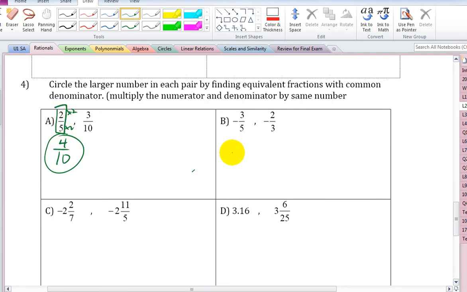Okay, go ahead for these ones. Make your denominator the same. Be careful with the negative sign again.